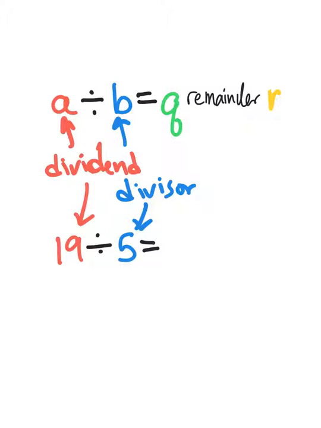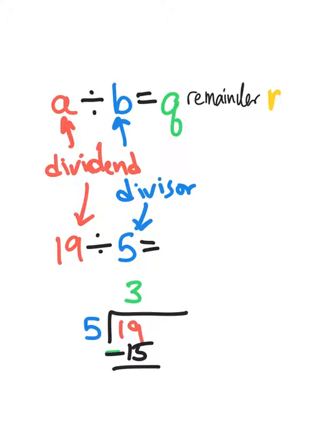And so if I were to take 19 divided by 5 and figure this out, maybe I would use long division and say 19 divided by 5. 5 will fit into 19. I can get 3 of those. And so that would be 15 that I'll need to subtract. And I have 4 left over.